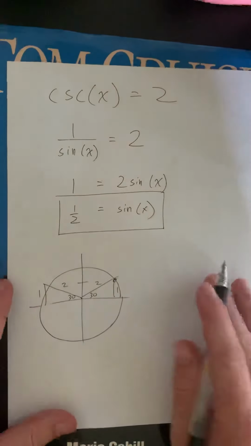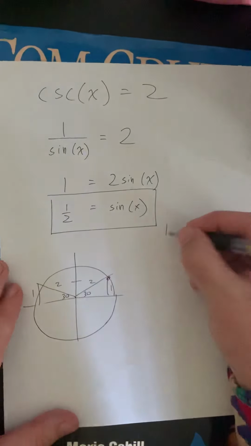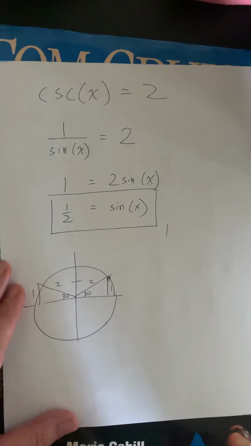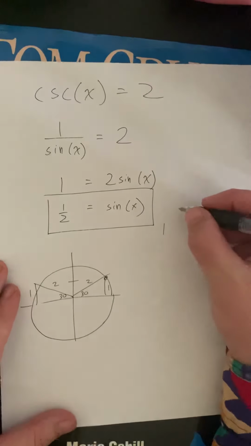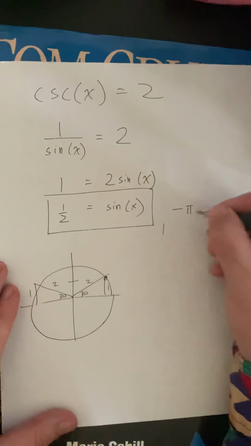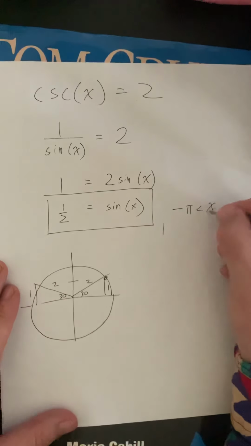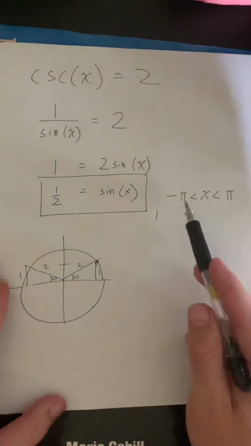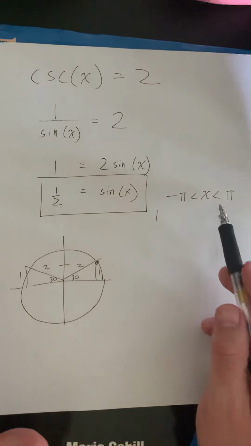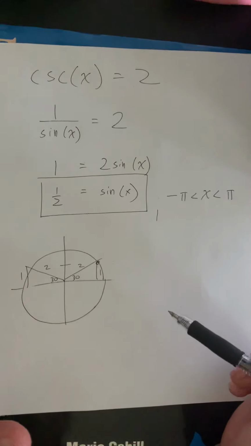Let's imagine the problem had a domain restriction. Okay, I'm going to throw it on there. I'm going to say we want answers between negative pi and pi. That's our restriction. I made this up, but the problem would provide you with this. If not, you're putting infinite answers.